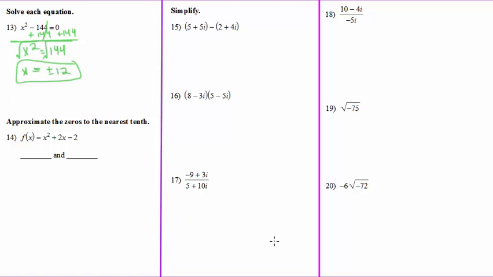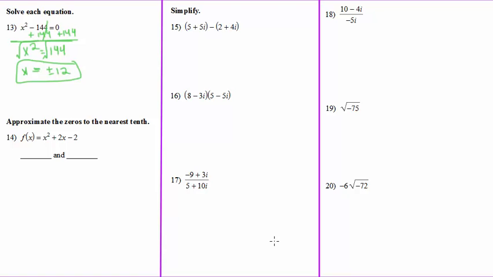And then 14, we need to pull out our calculator. We're approximating the zeros there to the nearest tenth, so we need to graph the function they gave us. So in y equals, you type x squared plus 2x minus 2.